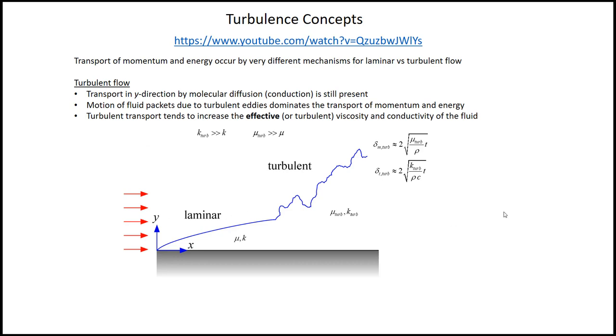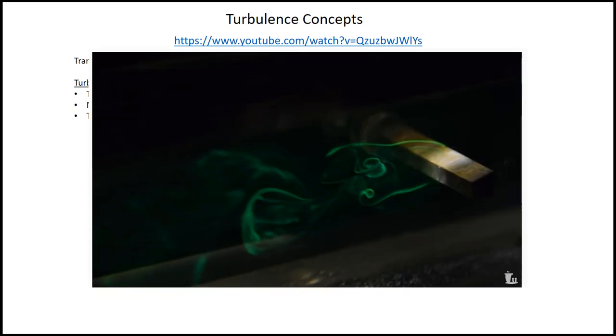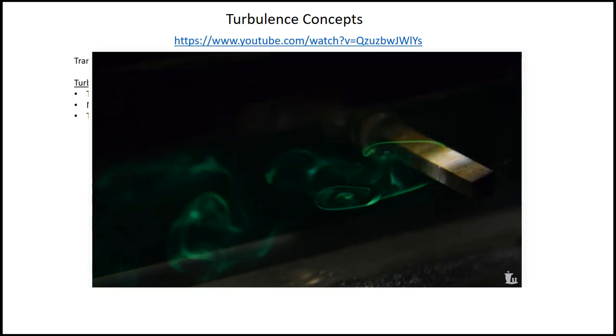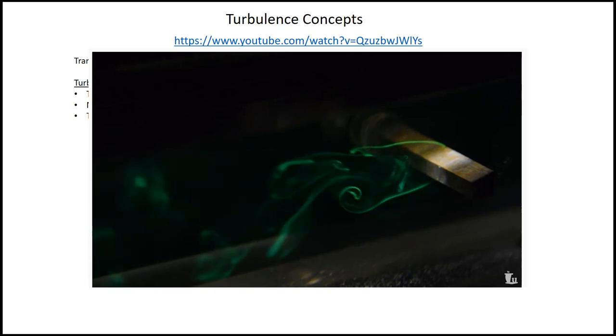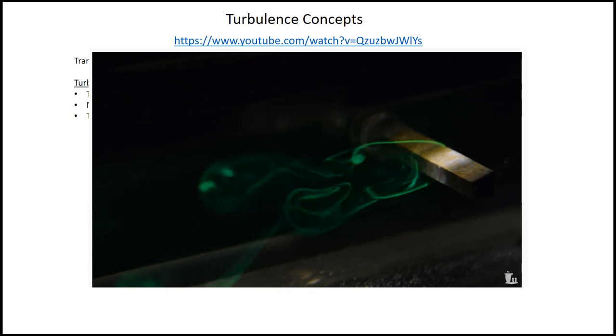If we switch over to thinking about turbulent flow, it's not that this molecular diffusion process doesn't happen. It certainly still happens. It's not that important anymore because it's not the dominant mechanism. Right? When we have a turbulent flow, if we go back and we look again at that video during the region where the flow is behaving in a turbulent way, what you see is that fluid packets are moving up and down all the time, right?